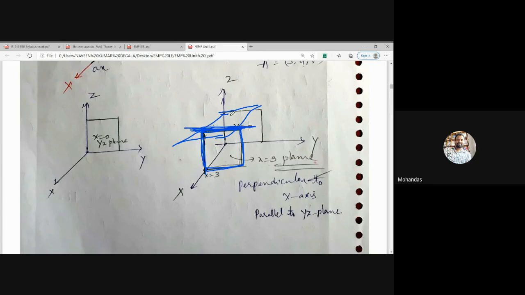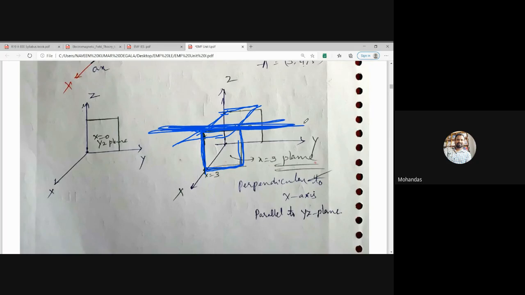This is like z equal to 3, and this is like x equal to 3. Now the intersection of these two constant infinite planes results in what? Lines. It results in a line. That means this problem is related to an infinite line.